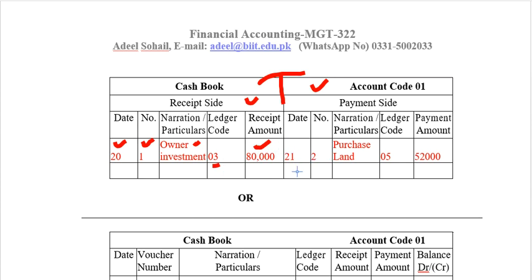And similarly, what is going to happen in the second transaction? That's 21st January, and in the second transaction you purchase the land.